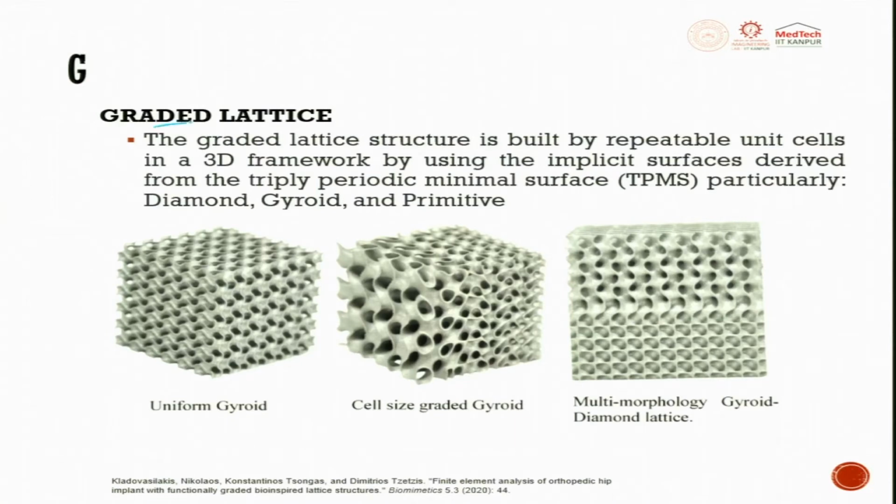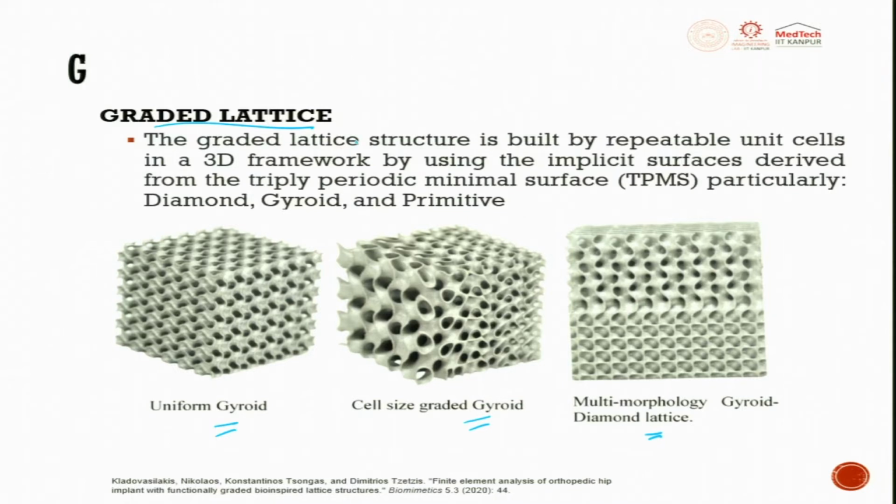So, these are some more examples of graded lattice. You can see here uniform gyroid, cell size graded gyroids, then multi-morphology gyroids, diamond lattice. These are all varying graded lattices which are used today in reducing the density of the material.